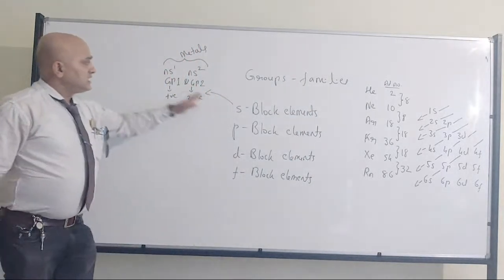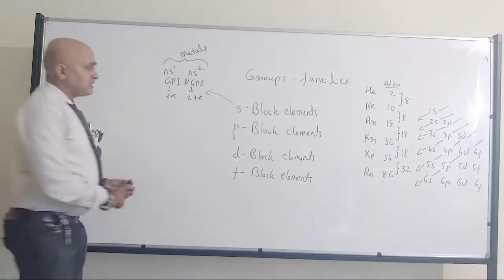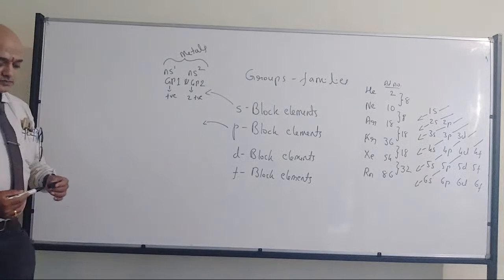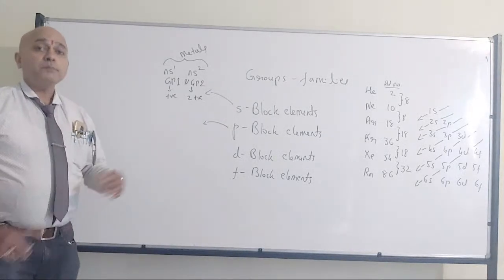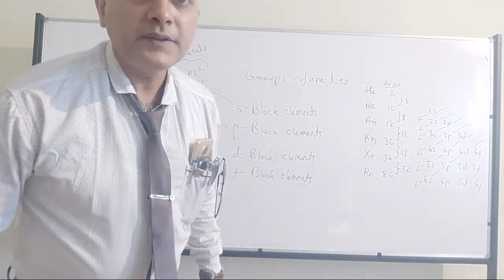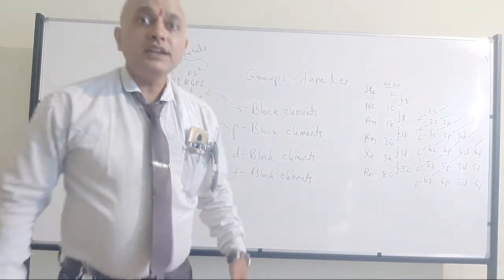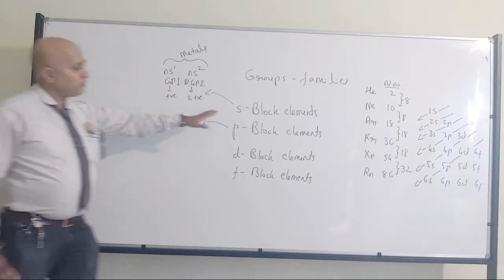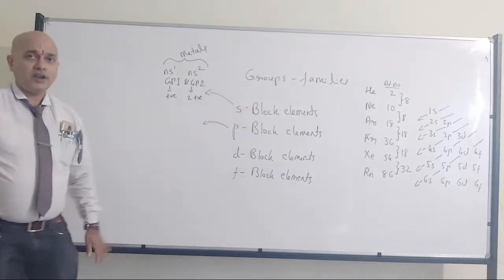Right? So that's where we have the 2 groups. Now, when it comes to P block, we are going to discuss everything, but first we will talk about these different blocks in the periodic table.